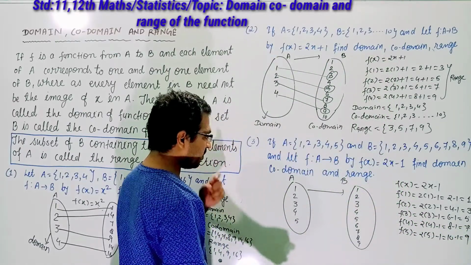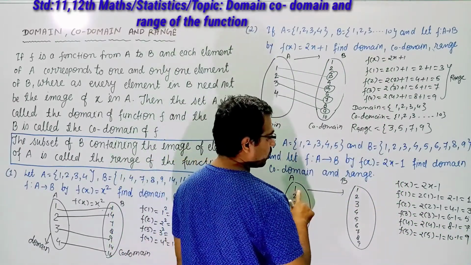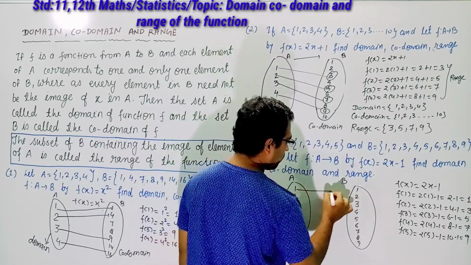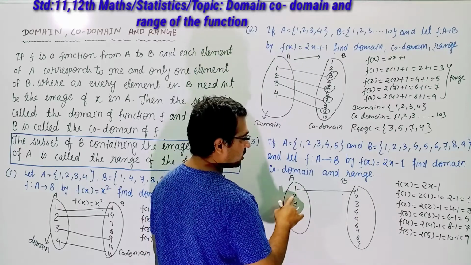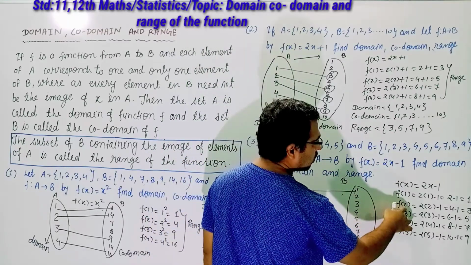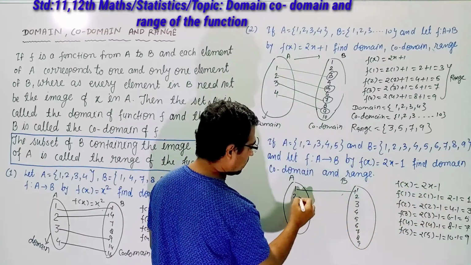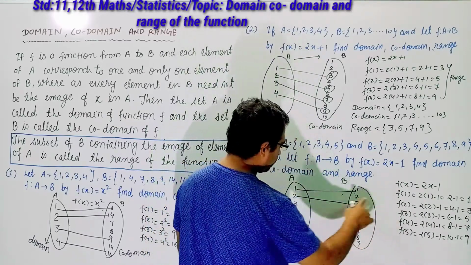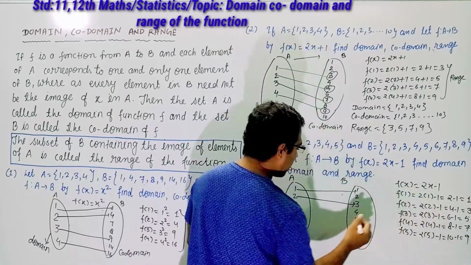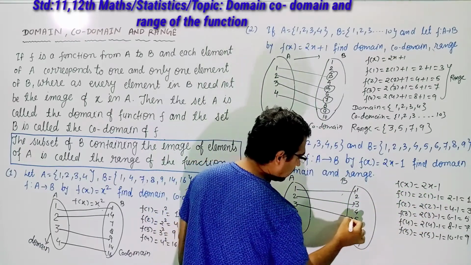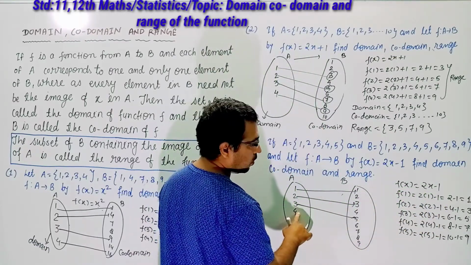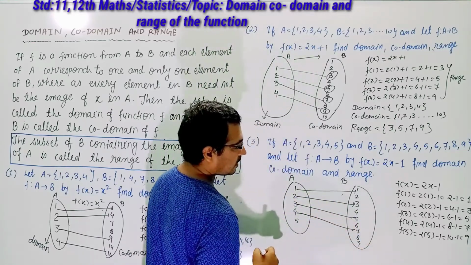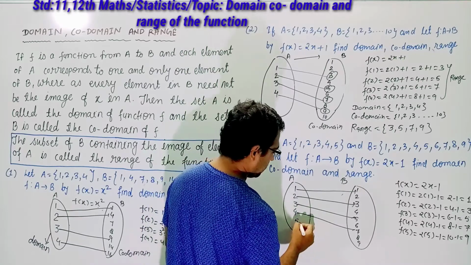So students, here you can see that the image of 1 is 1, the image of 2 is 3, the image of 3 is 5, the image of 4 is 7, and the image of 5 is 9.